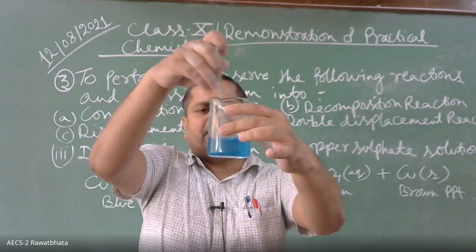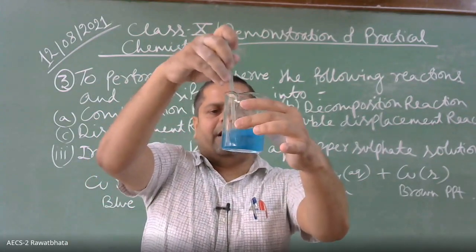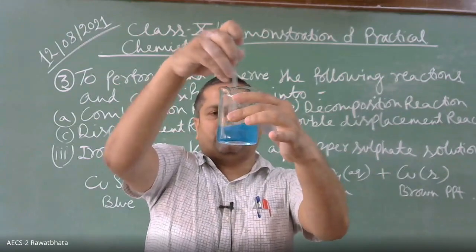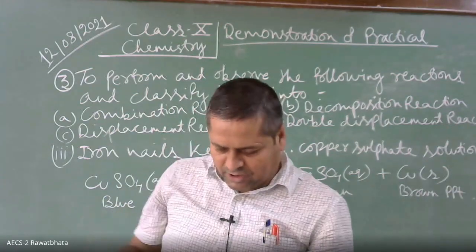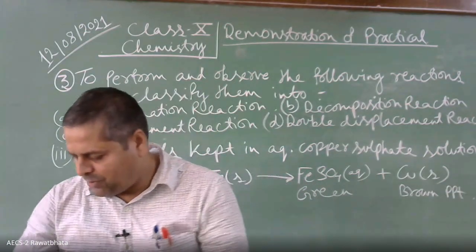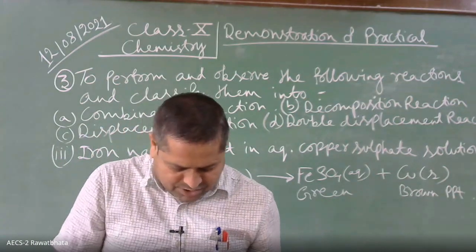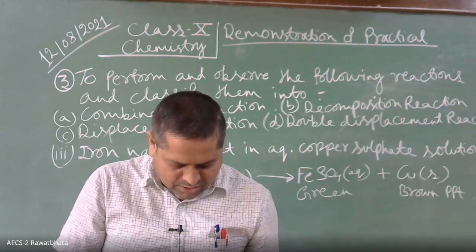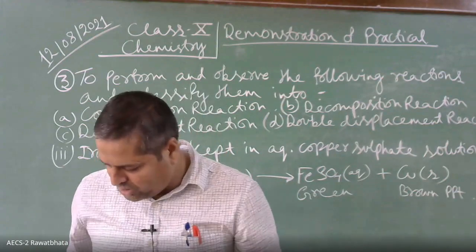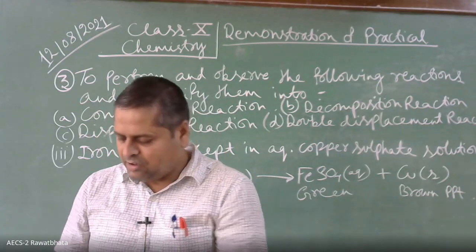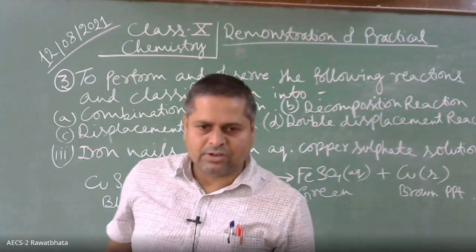You can see initially the color of the water was different, and now the color of the solution is blue. Very good. Now let us add some more copper sulfate crystals so that its color becomes somewhat more intense.